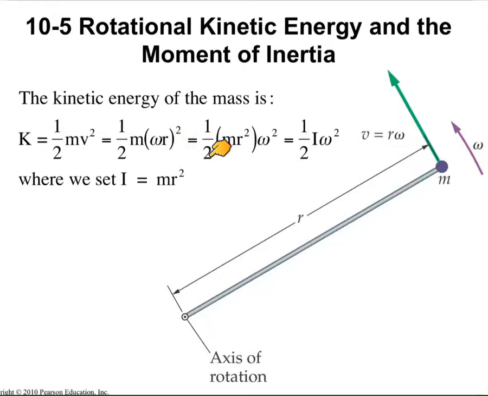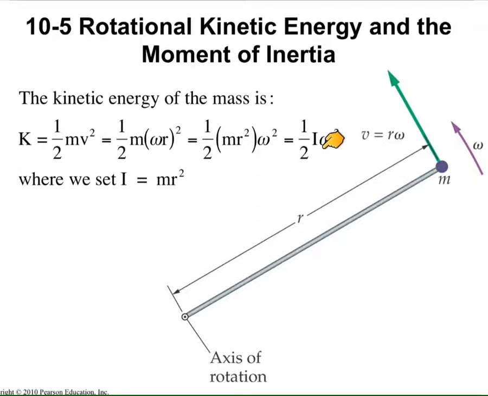So what you see is we have done this. We can express at the end the kinetic energy not in terms of tangential speed, but in terms of the angular speed.